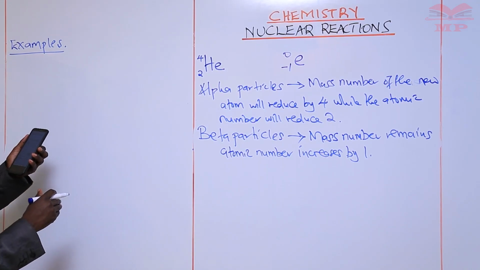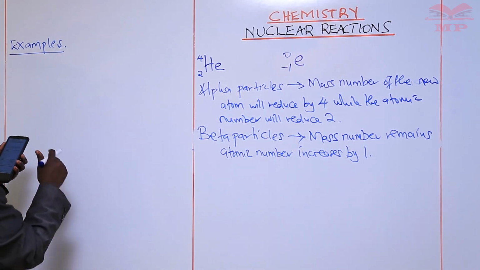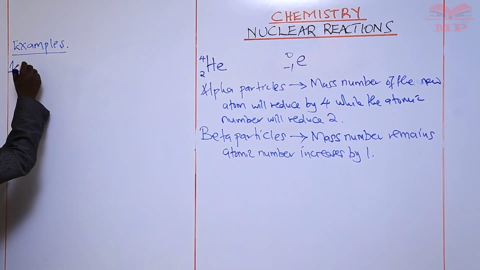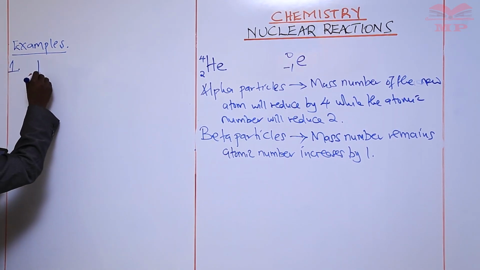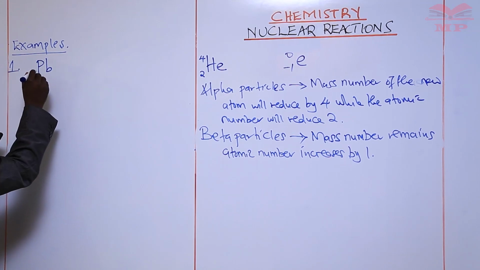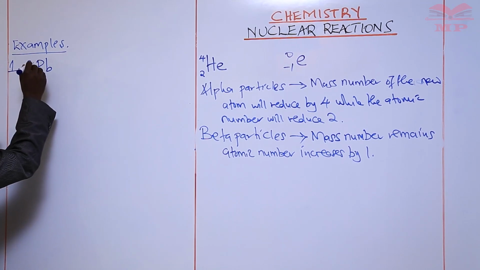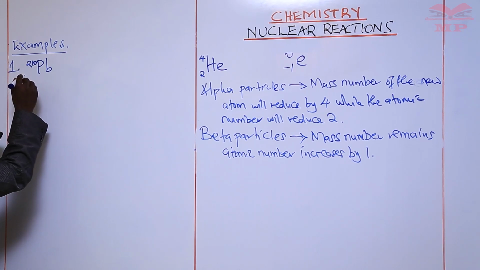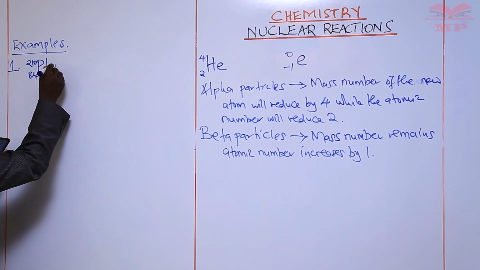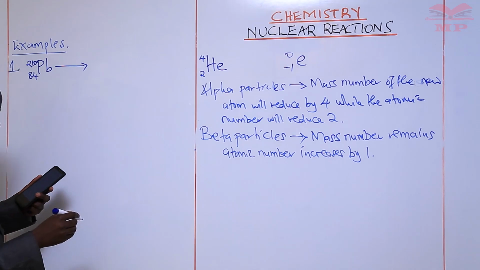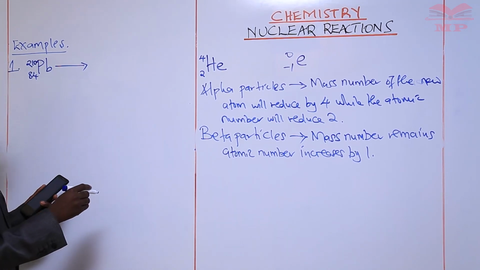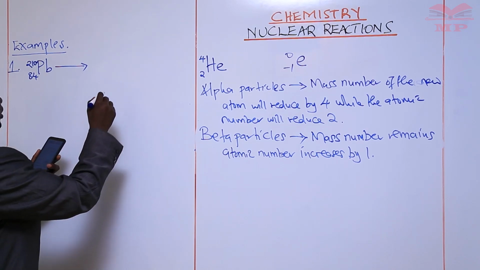So we have this equation here: a particle of lead whose mass number is 210, atomic number 84, decays by emitting beta, not beta really, but an alpha particle.